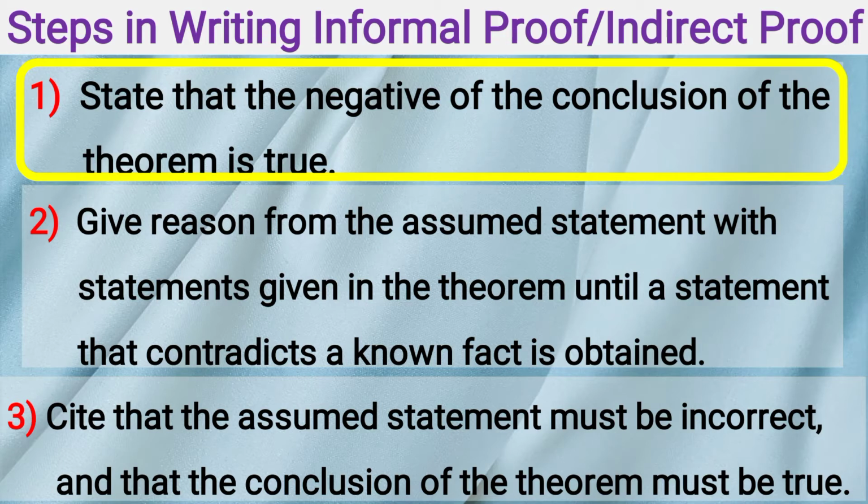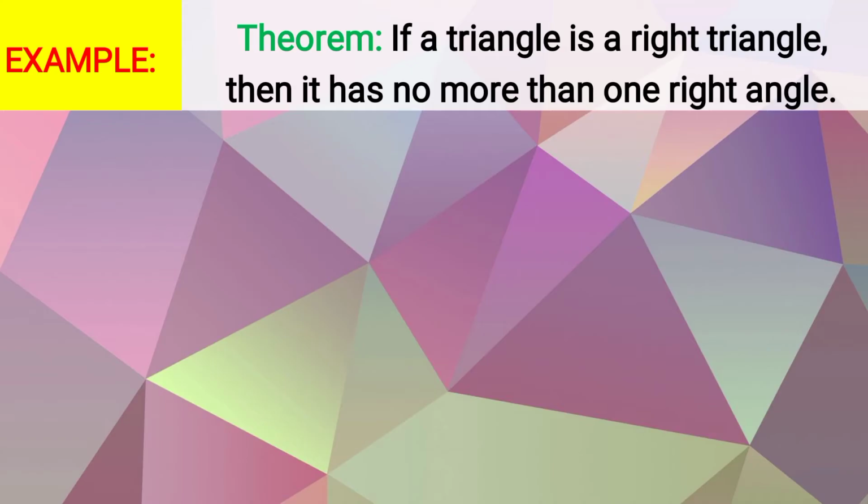Let's start with step number 1. We negate the conclusion of the theorem and assume it is true. From the theorem, if a triangle is a right triangle, then it has no more than one right angle. The conclusion here is it has no more than one right angle.